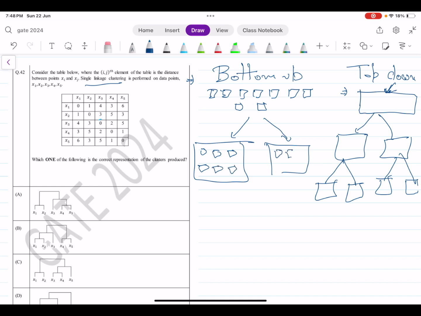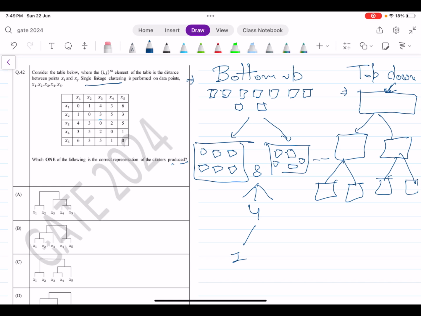I have created two clusters here, but we can have four clusters, six clusters, let's say eight clusters. Then we again merge them, and from eight we get four clusters, then two clusters, then one cluster, however many clusters we want.